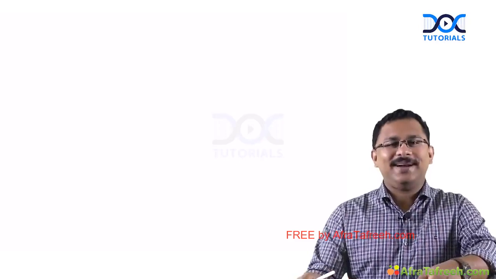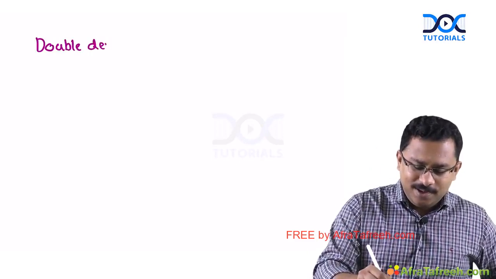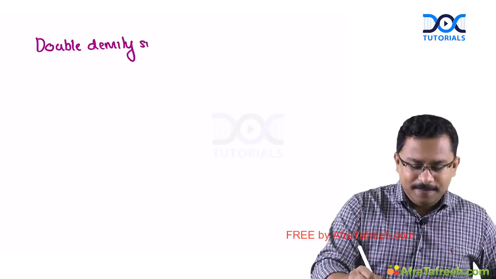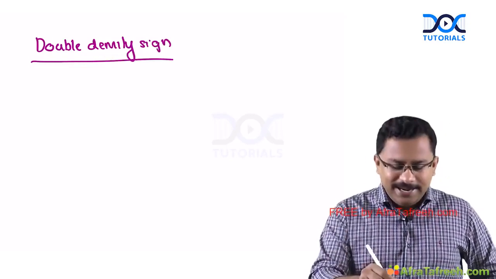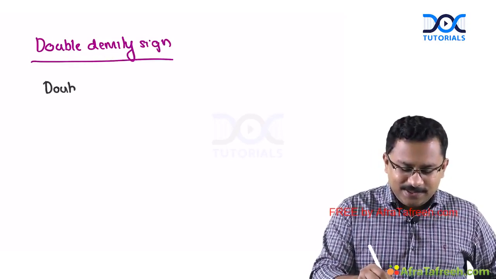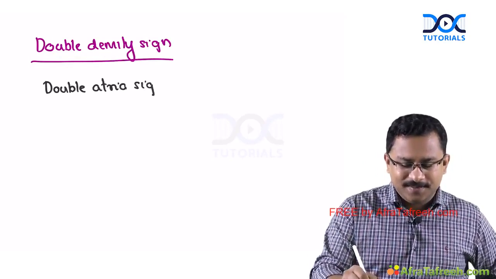Now another important radiological finding in mitral stenosis is what is known as the double density sign, which is also referred to as the double atria sign.